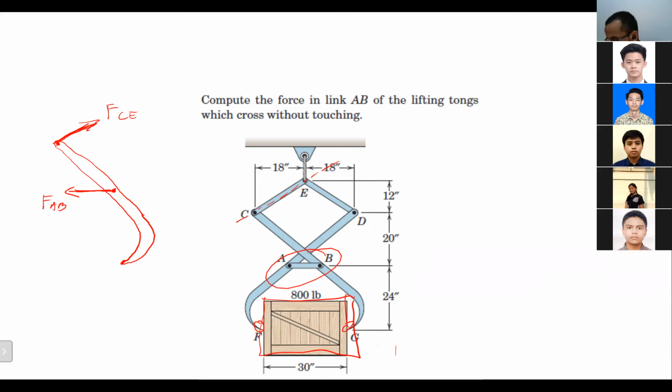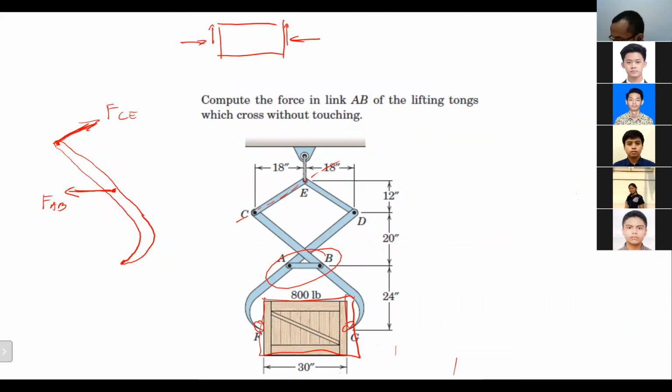The friction force is supposed to be going in what direction? Up. It's supposed to be the one at the crate, right? If we draw it at the crate, yes, the friction force goes up, and the normal force goes like this.